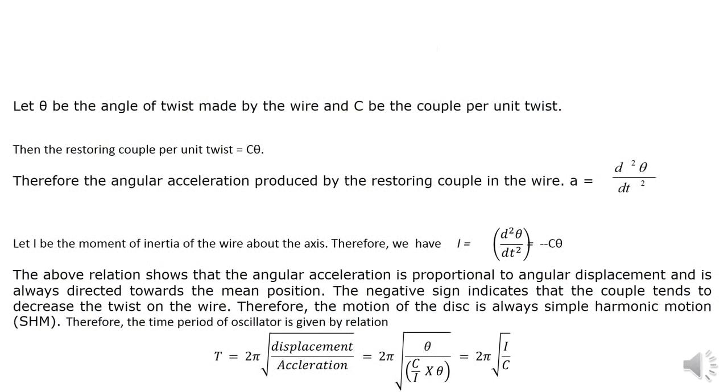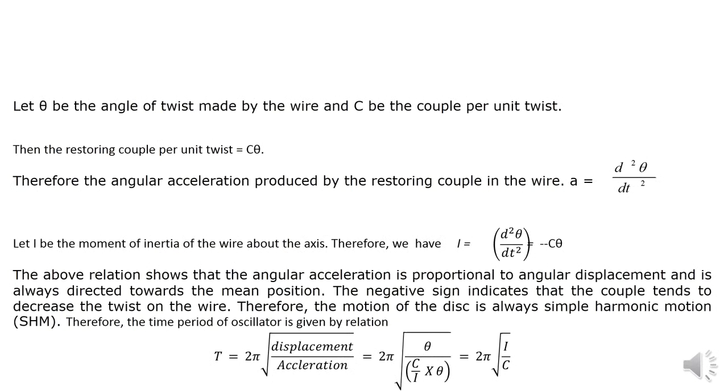Let theta be the angle of twist made by the wire and C be the couple per unit twist. Then the restoring couple is equal to C theta.